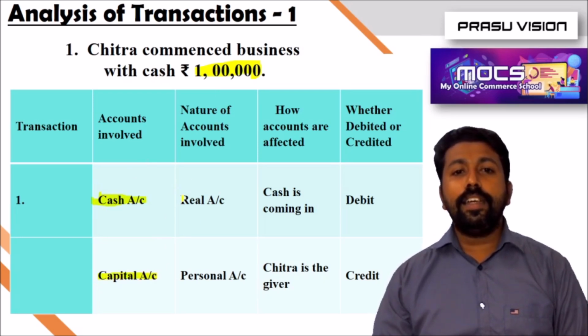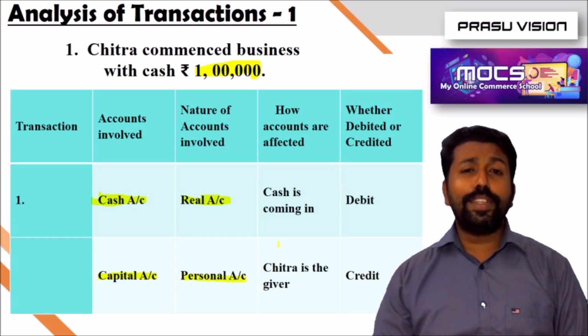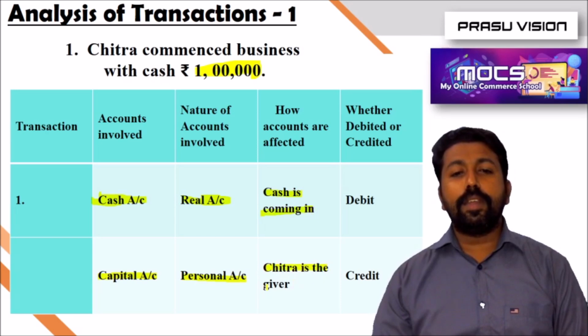Cash comes under the real account, because assets come under the real account. Capital comes under the personal account. Cash is coming into the organization and Chitra is the giver. We can say capital is increasing, Chitra is giving.